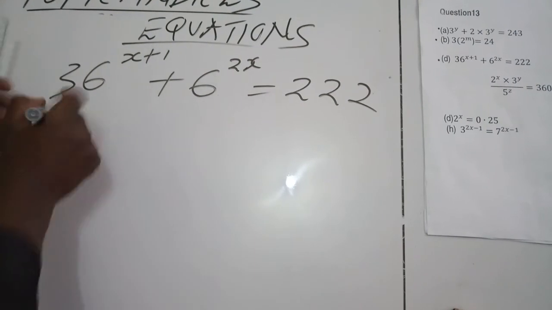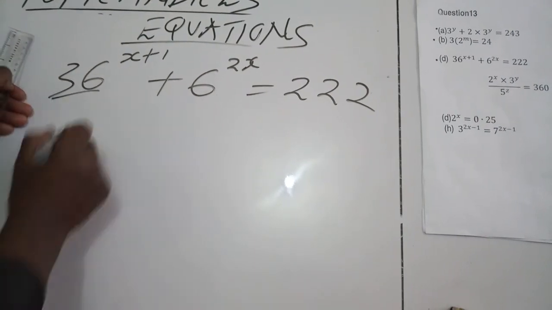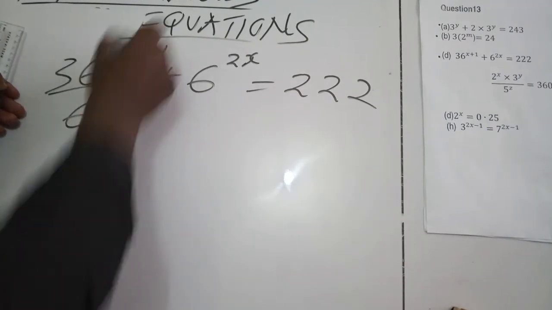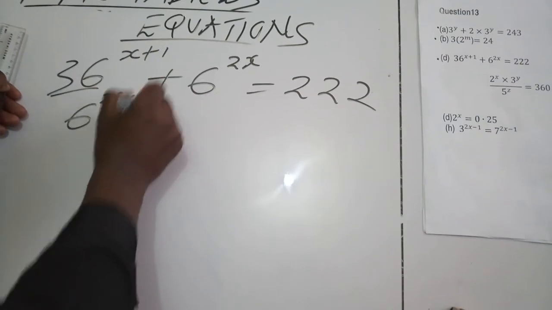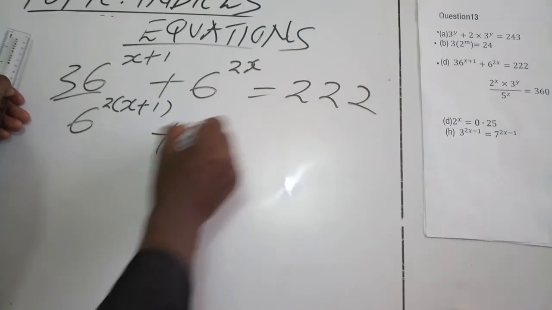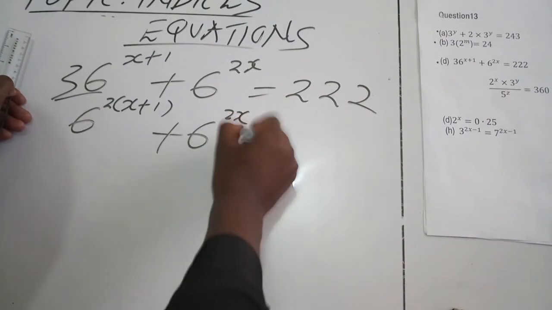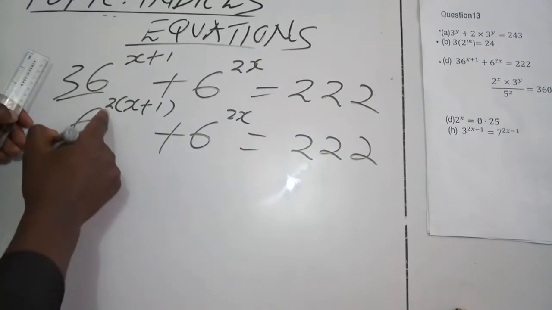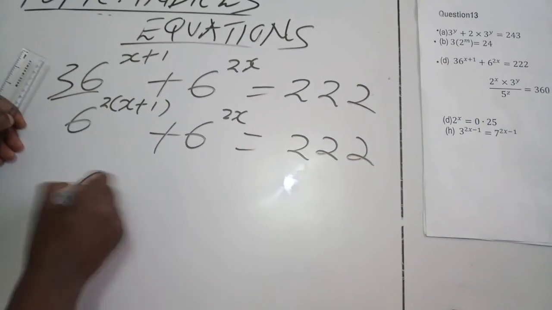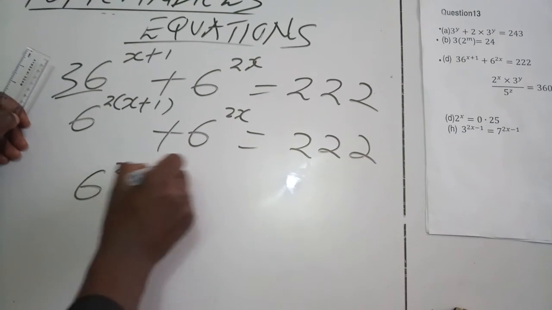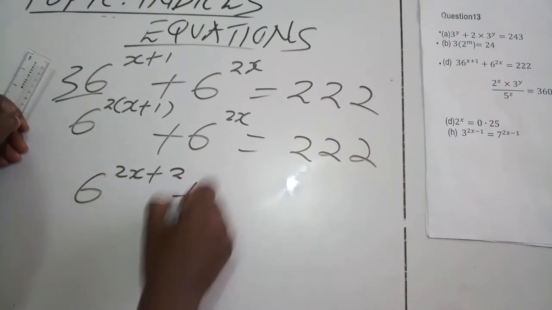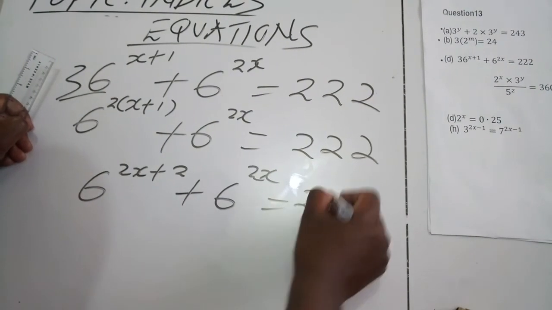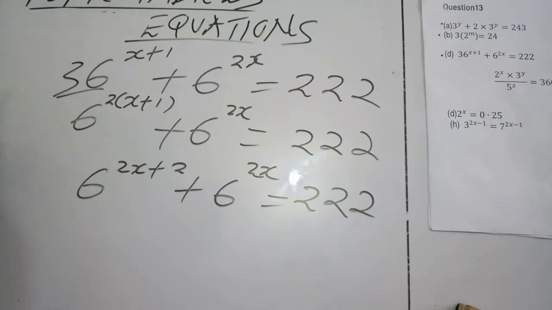So what do we do? Express this in index form. 36 is the same as 6 power 2 into the initial power which was there. Then opening this bracket gives us 6 power 2x plus 2 plus 6 power 2x is equal to 2.